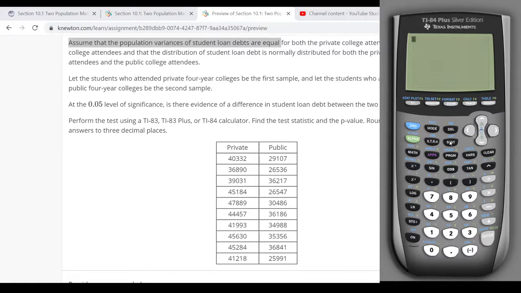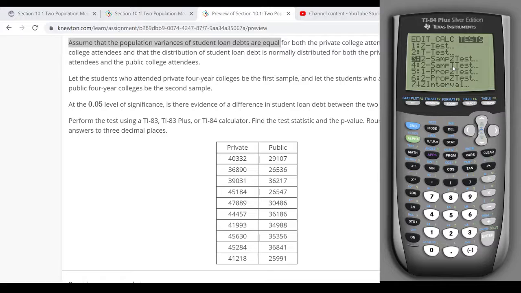So remember where you run tests from. Hit the stat button, go over to tests. Remember, Z-Test and T-Test were for hypothesis tests about one population mean. Go down to where it's numbers 3 and 4, two-sample.